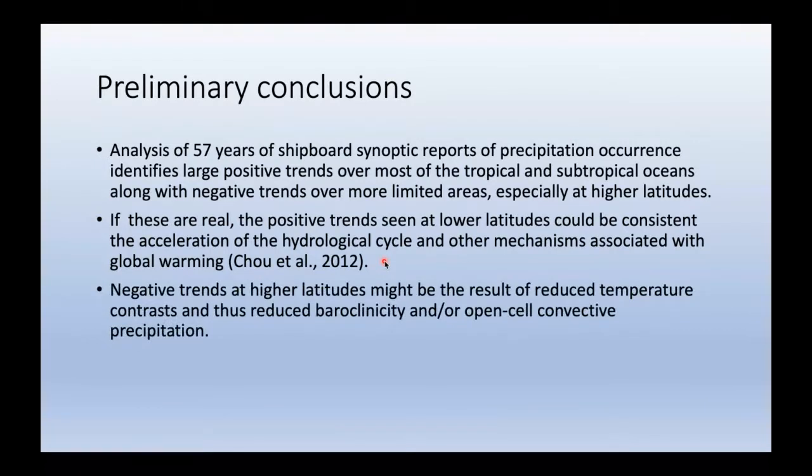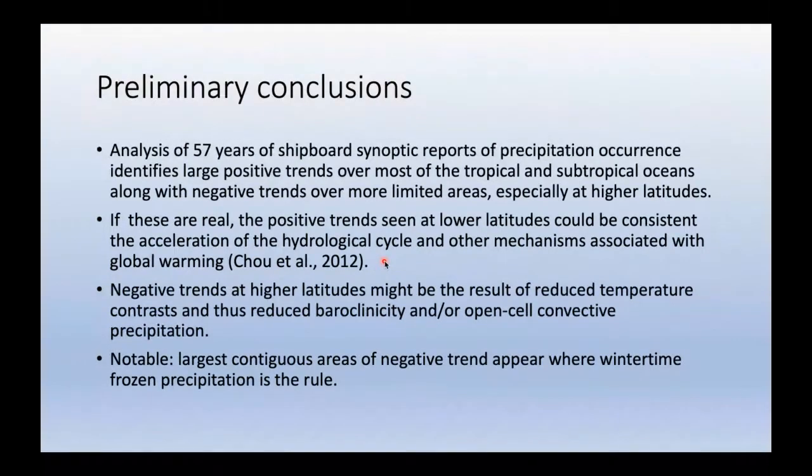Negative trends at higher latitudes, and this is speculation on my part, I'm not a physicist, I'm not a climatologist, might somehow be the result of reduced temperature gradients and contrasts, and might reflect reduced baroclinicity or reduced open cell convective precipitation when you get cold air masses moving over water, which is a lot of the showery precipitation at higher latitudes.